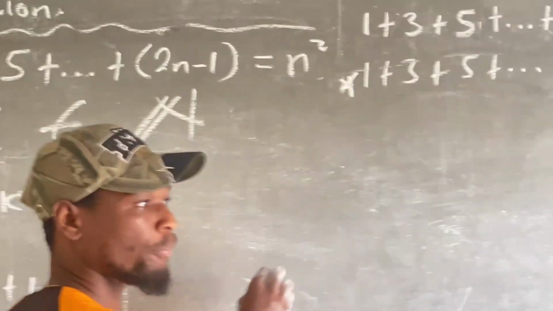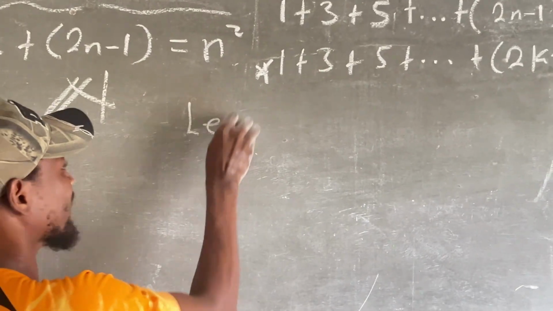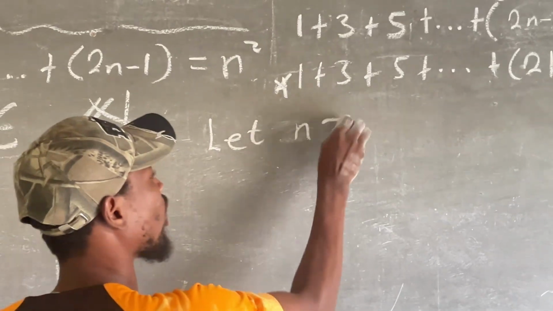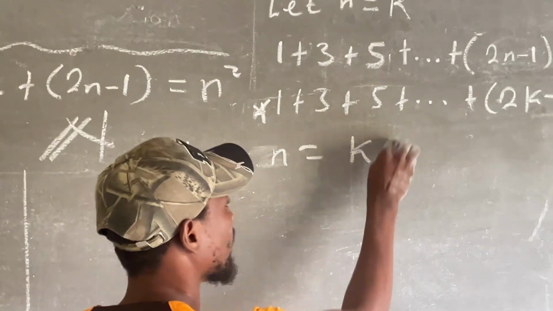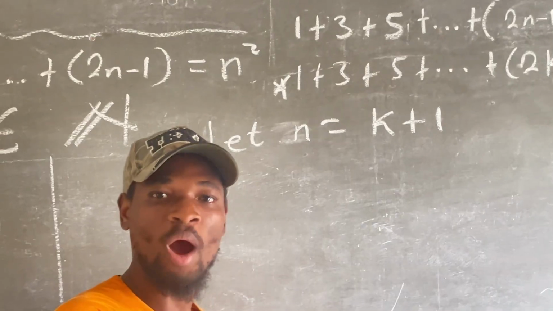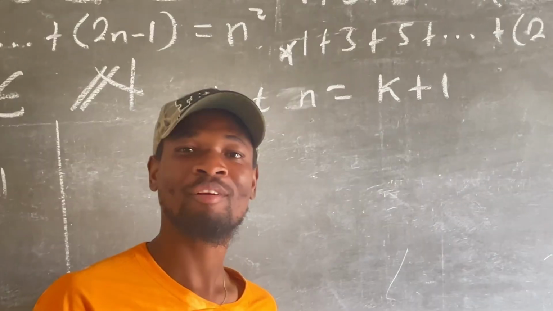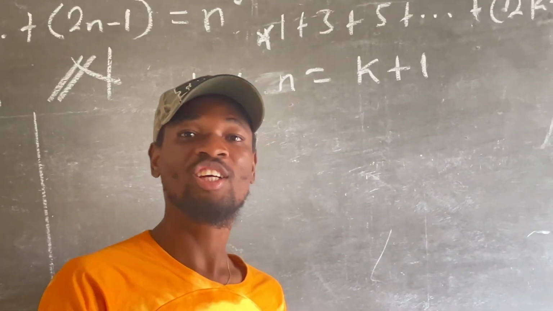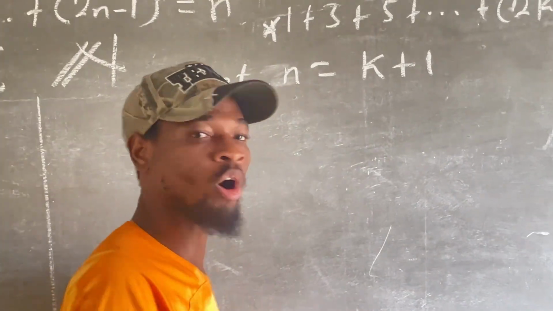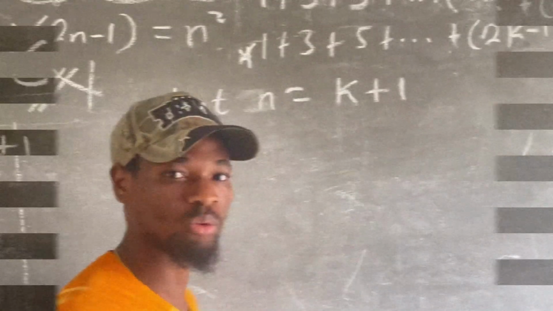For the inductive step, we have already established that let n equal the expression k plus 1, and I gave you a reason why, when we used the domino effect to explain this expression. Visit my previous lecture videos on the introductory aspect of mathematical induction, and you are going to appreciate it. So for the third step, we use this: let n equals k plus 1.